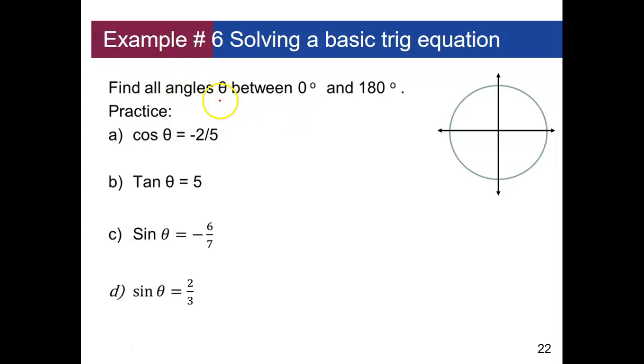Okay, so for all of these, we're only looking at 0 to 180. So we're, again, disregarding the bottom part of our circle here. So I'm looking for where cosine is negative. If I look at these two quadrants that are left, cosine is negative here in the second quadrant. So I need to keep that in mind when I do this problem. I'm only going to be looking for cosine for that one angle.